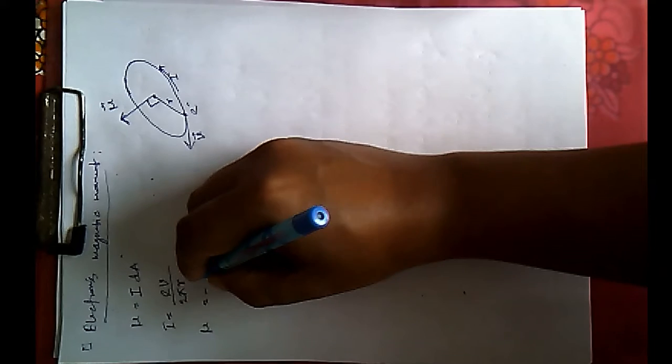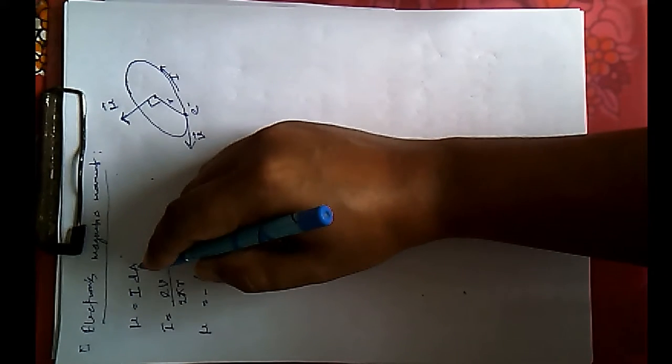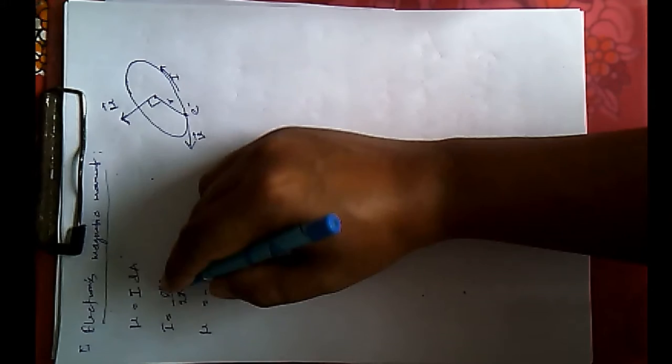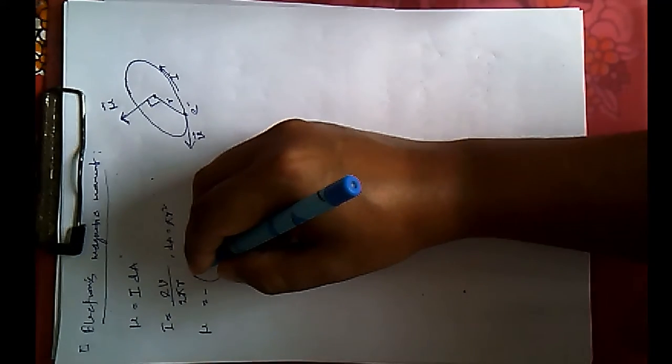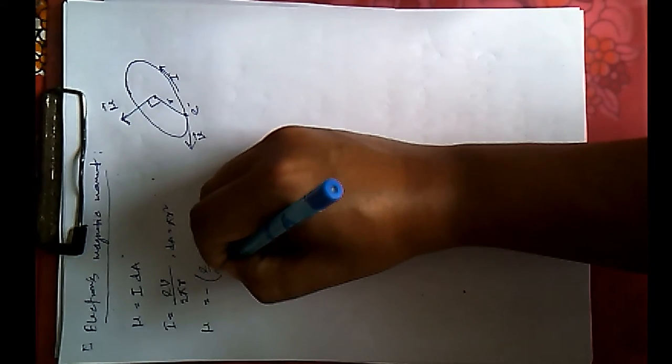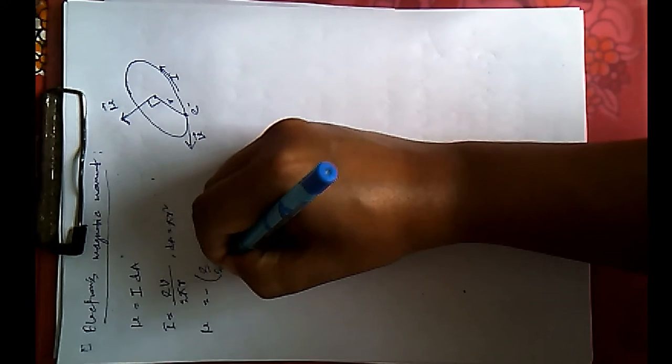So fine. If I put this I and the area A as pi r square, it is a very simple formula. Putting all those things, you will get an equation like this.